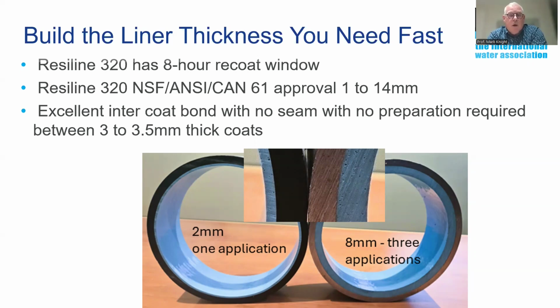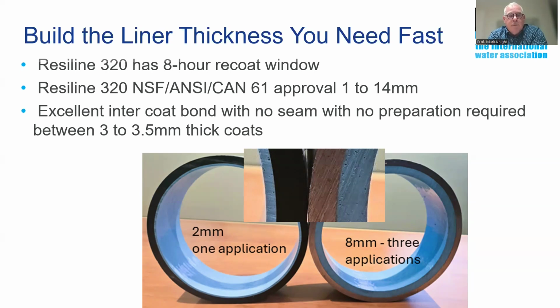If it's raw water, we can go beyond 14 millimeters in lining thickness itself. This excellent intercoat bond seam means I don't have to do any prep to the liner as long as I apply that second coat within that 8-hour window. So that gives us a lot of flexibility.